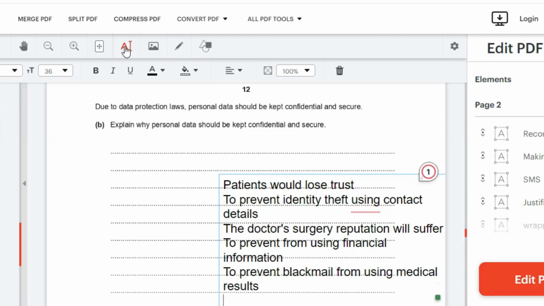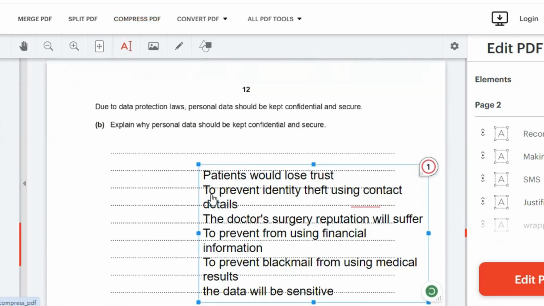Then number 6, the data will be sensitive. So it will be wrong to send it to the wrong person.